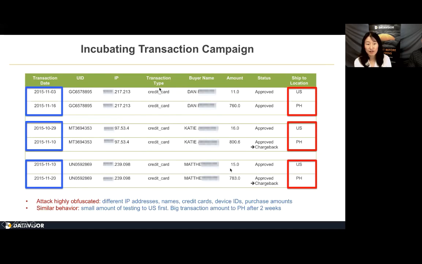Each account makes a very small testing transaction to a US location first, and then a much bigger transaction to the Philippines. That's their main target. If you look at it in a global way, you can see this group of users shares similar behavior, and they are highly coordinated. That's how the unsupervised algorithm can detect these guys.